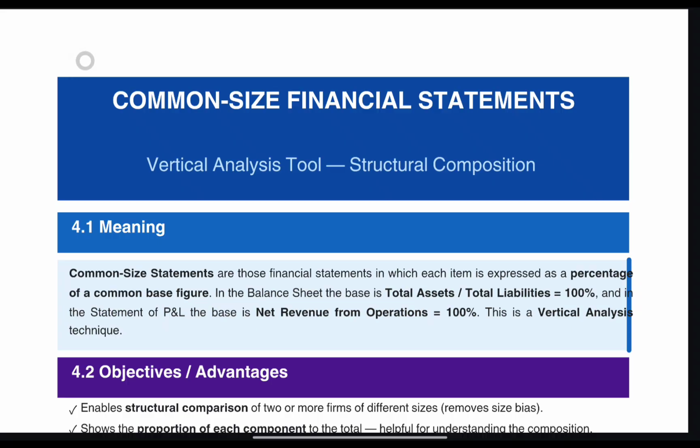This is the fourth video of analysis of financial statements. Today we are going to start a very lovely and simple topic, that is common size financial statements. Imagine comparing a bicycle and a truck. Let me show you. This is a bicycle, ignore my drawing skills. This is a bicycle and here is a truck.